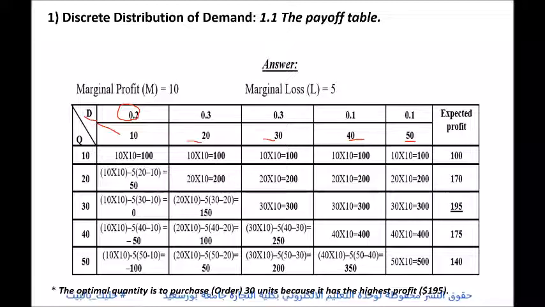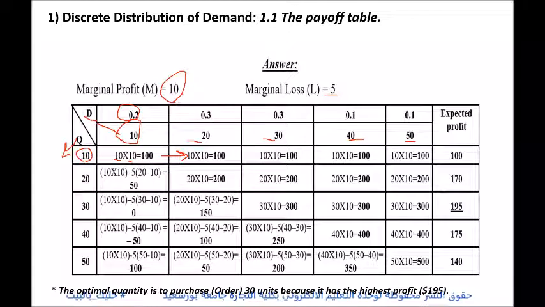This is your quantity, the same units of the demand. If you have 10 units and the customers need 10 units, so 10 times 10, 100, this is profit. And keep in mind, loss will be 5. It will be the same for the rest of this row.